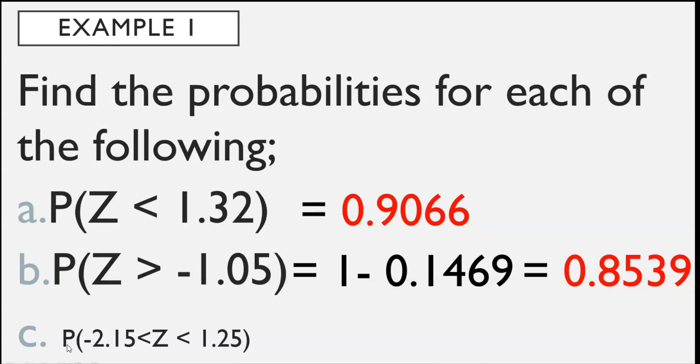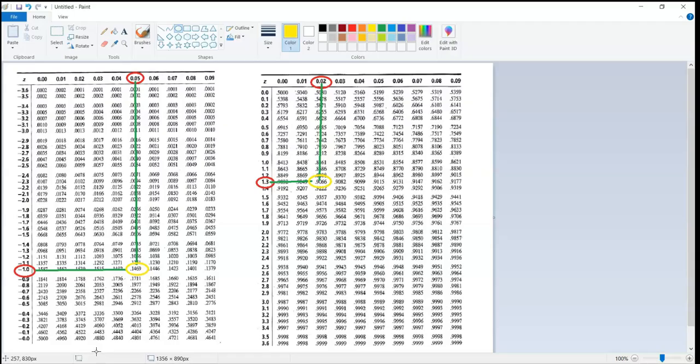This notation right here means that we're going to find the probability in between our z-scores negative 2.15 and 1.25. So first, let's locate the z areas of our z-score negative 2.15 and 1.25.